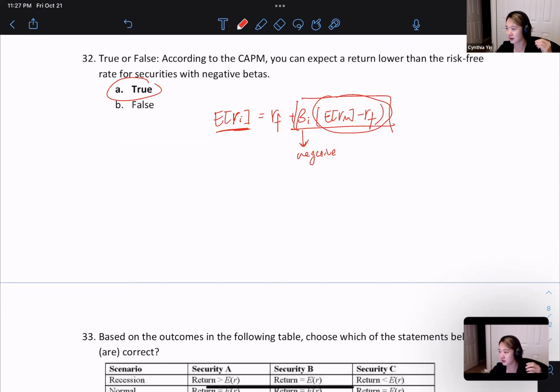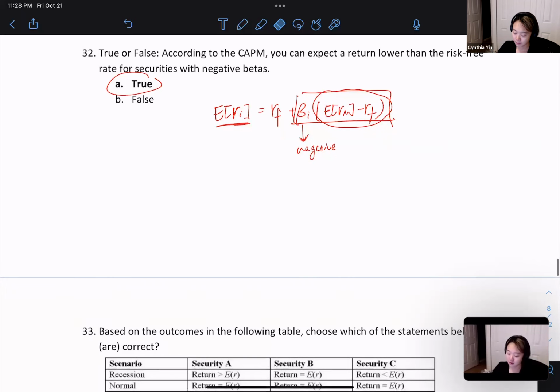Those are like insurance. So when things go wrong, you get better return or better reward. Those kinds of securities have negative beta, and that's what negative beta means. It's very popular because many times you want to hold insurance just to compensate for the downturn. So it's a little bit more step to understand what negative beta is.